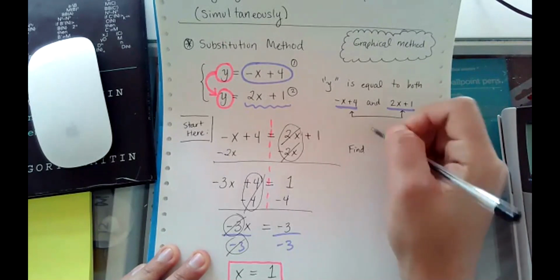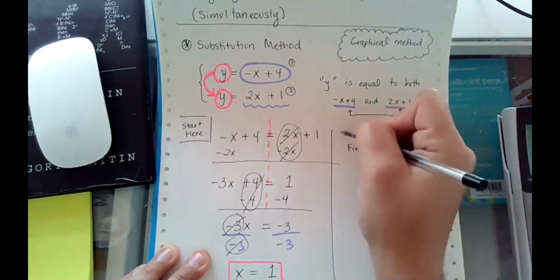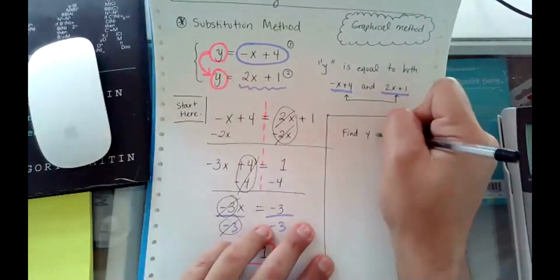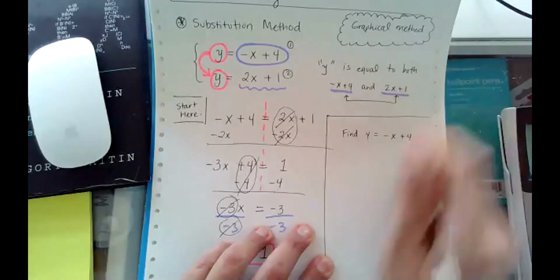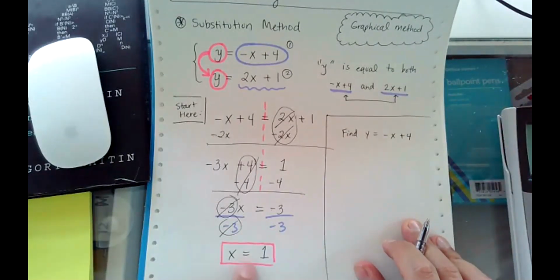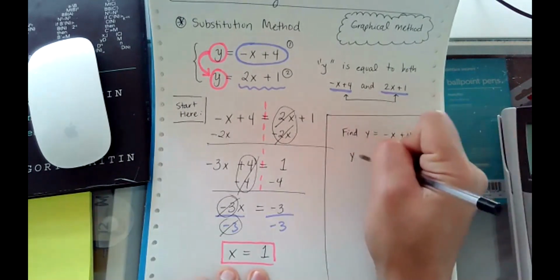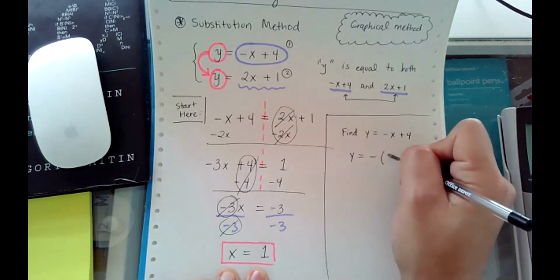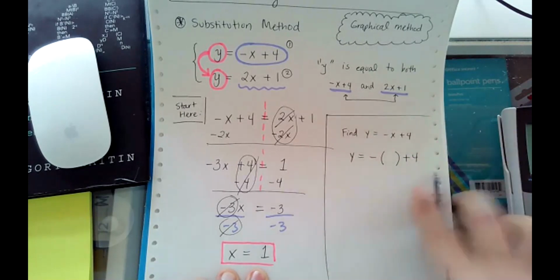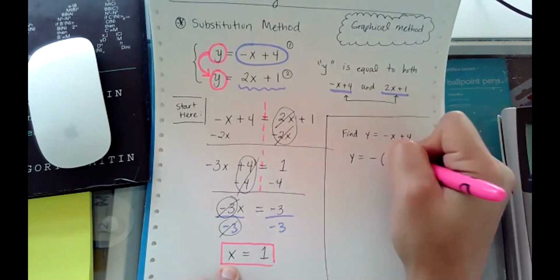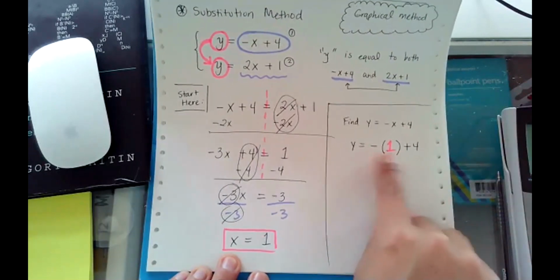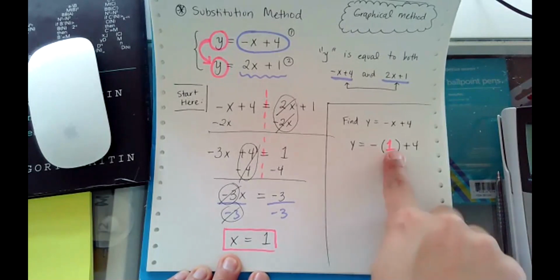Okay, so now we need to find y. Let me note that this is a complicated piece of paper at this point. The first equation says y is equal to -x plus 4. We found x to be 1. So I'm going to say that y is equal to negative, because there's a negative in front of the x, I'm going to plug in the 1 and then add 4. Well, -1 is going to be -1. You could think of this as -1 times 1.